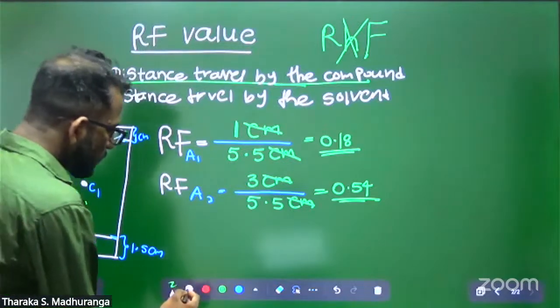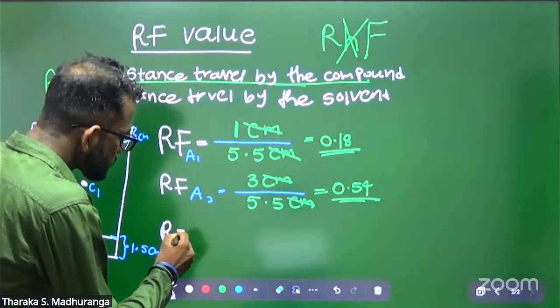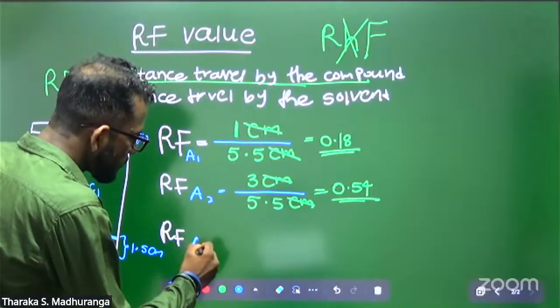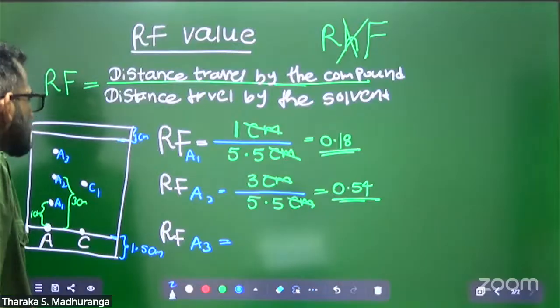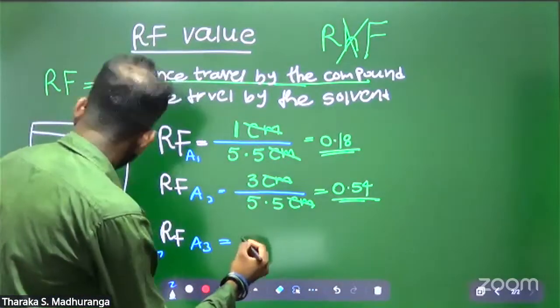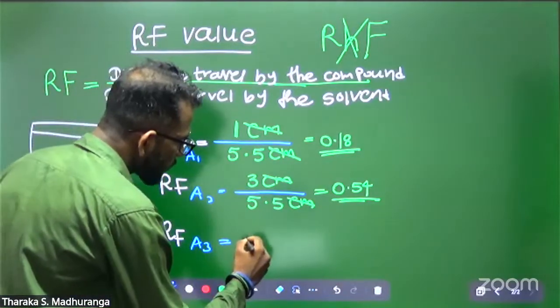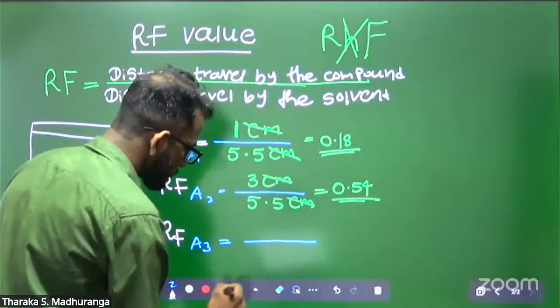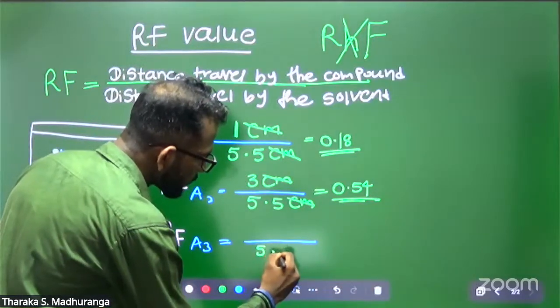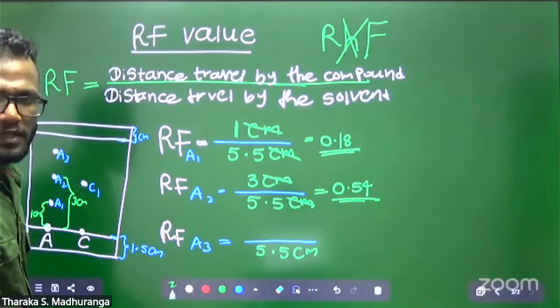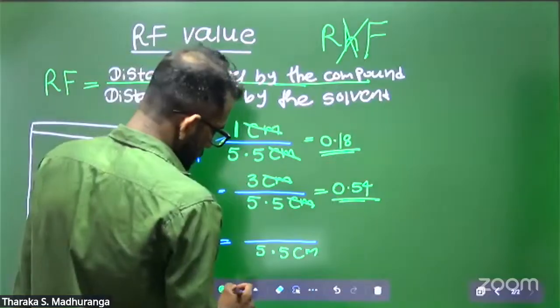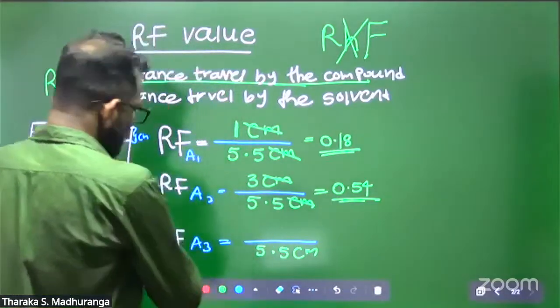Then the RF value of the A3 compound, the final compound. Think it is 5 centimeter distance. The solvent travel distance is 5.5 centimeter. The compound travels 5 centimeter.